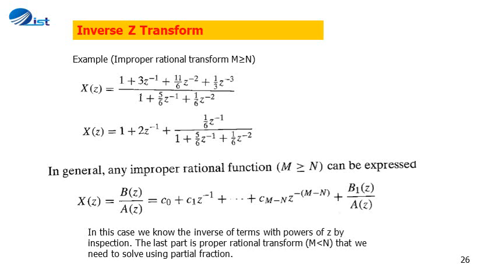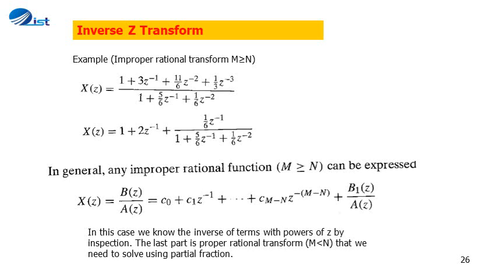After division, we will get some terms which have powers of z, and at the end we will get another rational Z transform in which the degree of the numerator is less than the degree of the denominator. So at the end of the division of the improper rational function, we will have X of z in the form written in the last expression, where the degree of B1 of z is less than the degree of A of z.